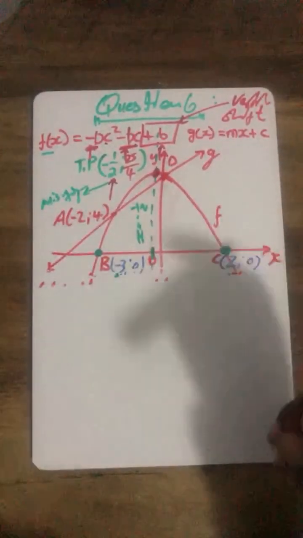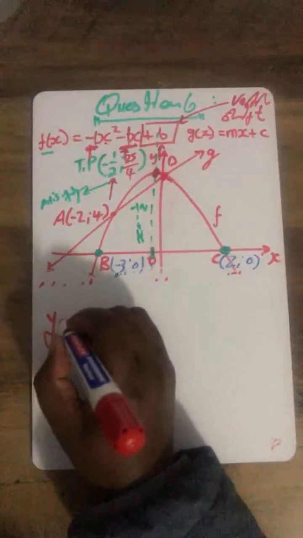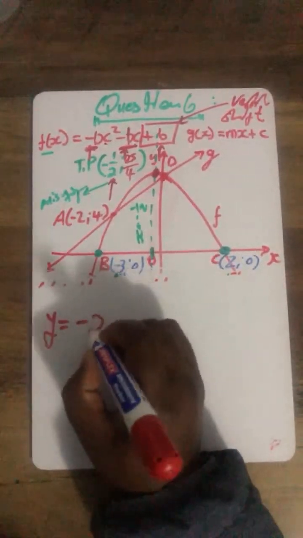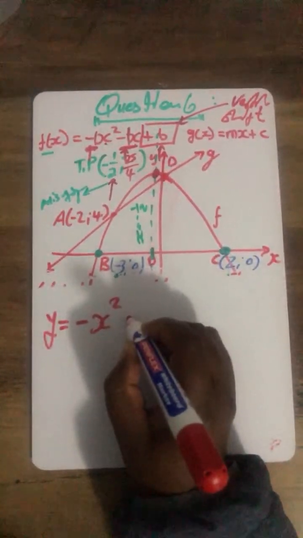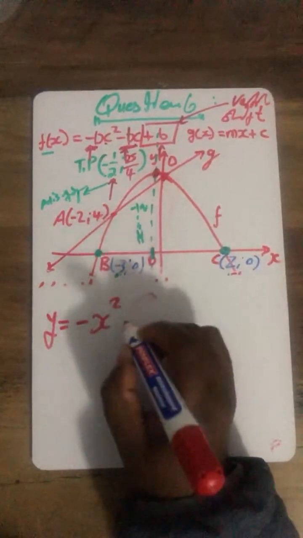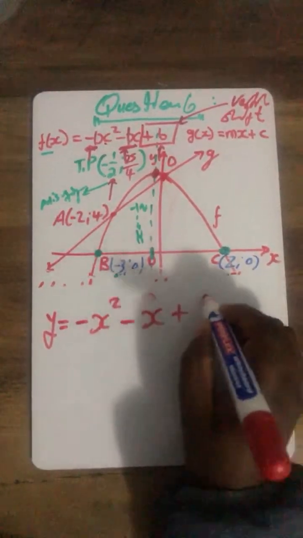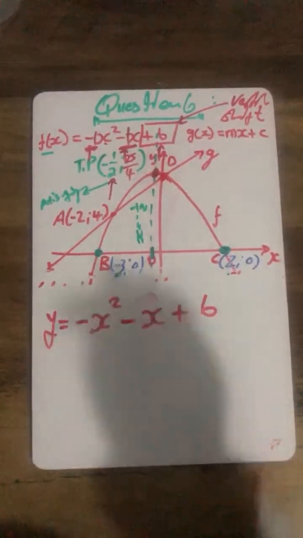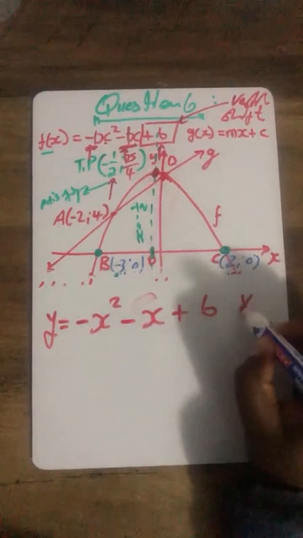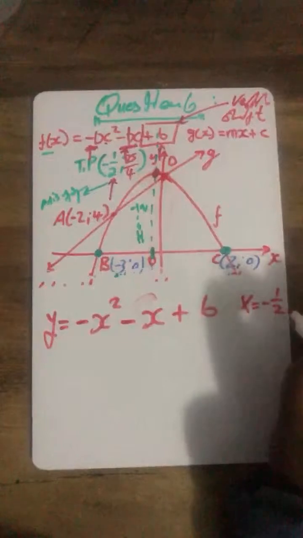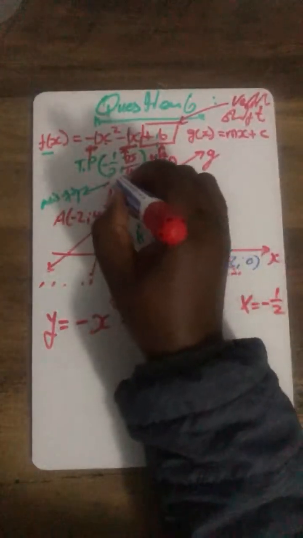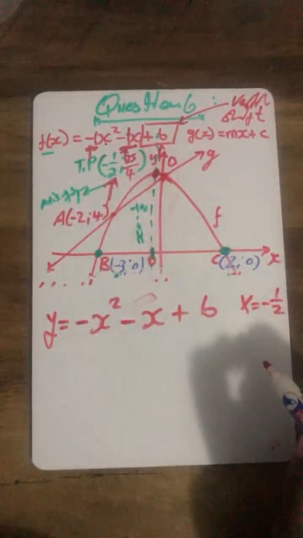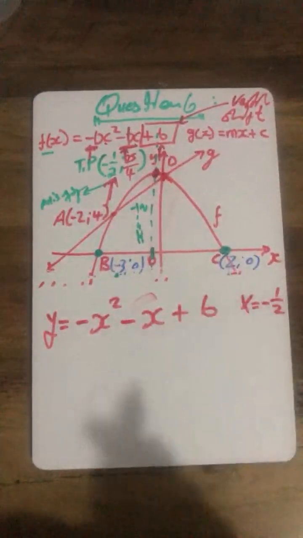Alice is asking why the turning point is a quarter. Remember, we have minus x and then we have plus 6. So we know that x equals -1/2. The x value of the turning point is -half. You know where we got the -half.